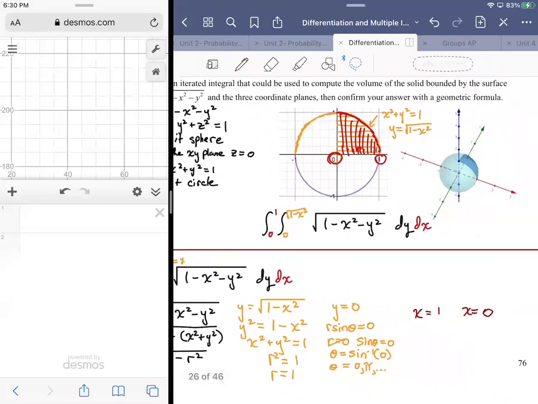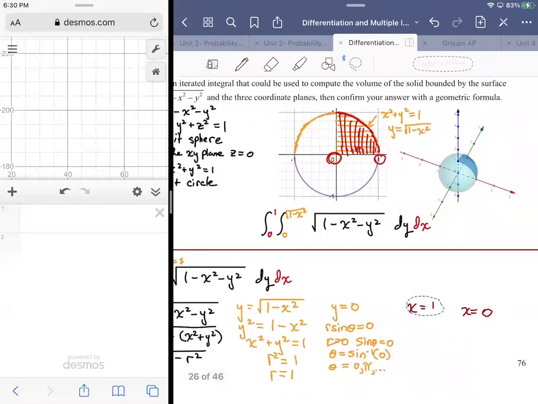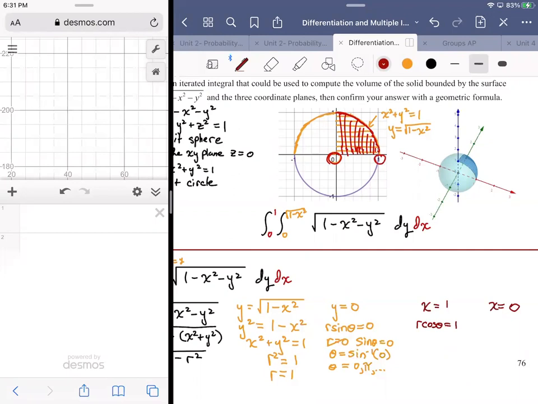For x equals 1, same general principle. So r cosine theta is equal to 1, except here we really can just divide out. If we want, we could divide out the cosine theta. But you could also go to factor it.